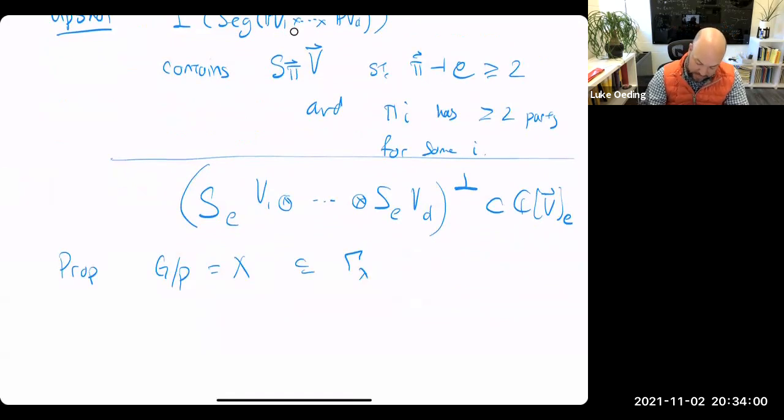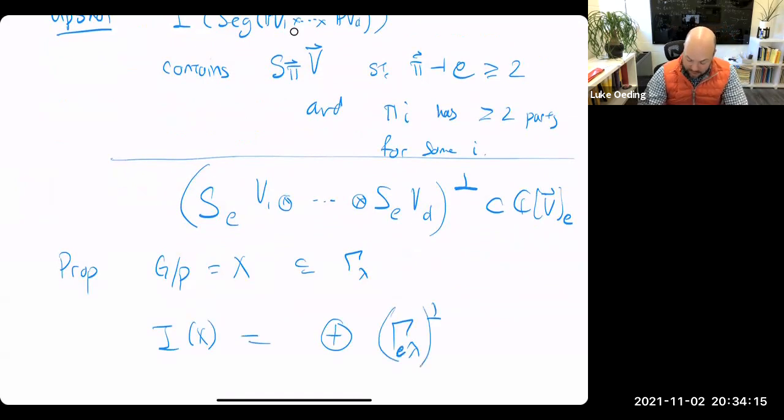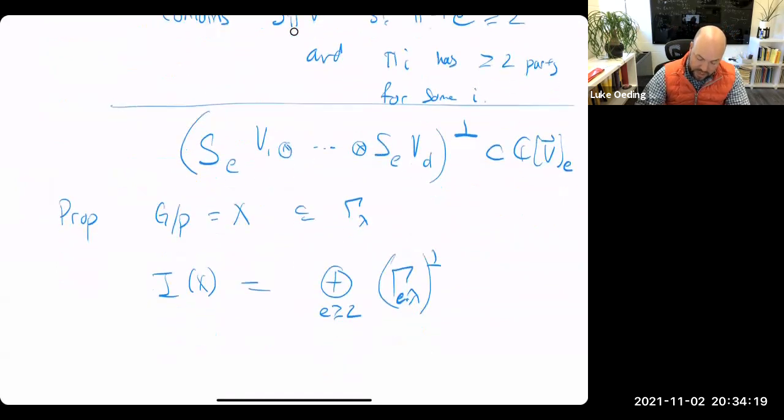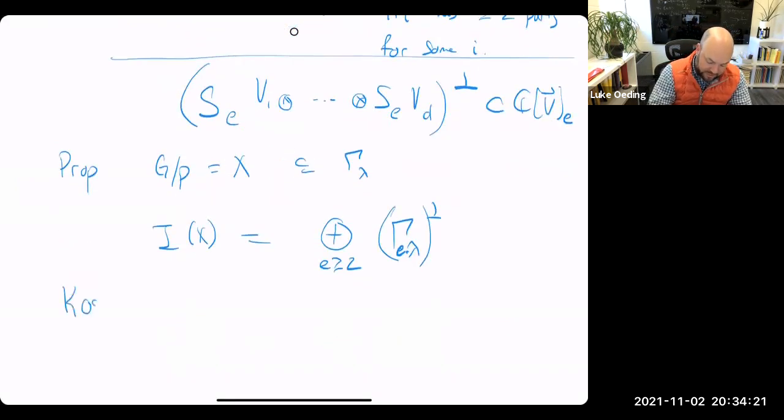This is the module with weight lambda, that the ideal of X is equal to the direct sum over these with an E. You take the orthogonal complement of this sort of weight vector E greater than or equal to 2. And a non-trivial theorem of Kostant, and you can look in Kumar's book for a proof of this, says that I of X is generated in degree 2.